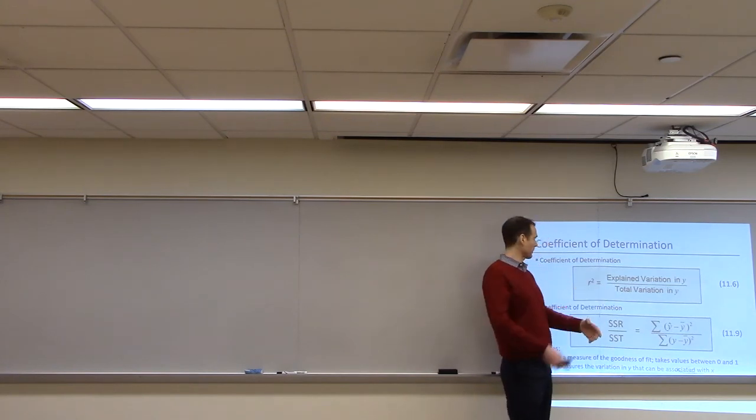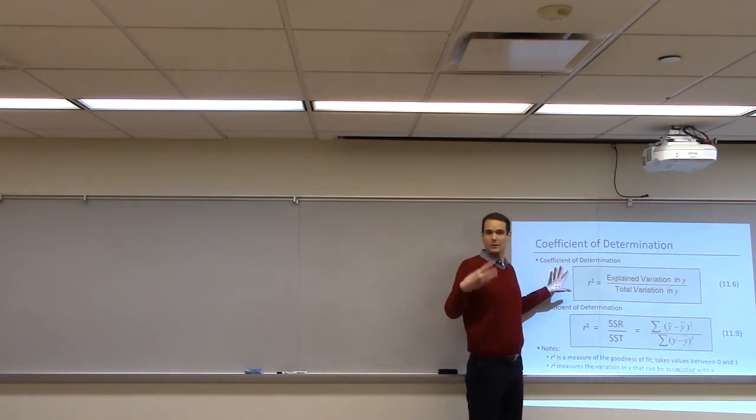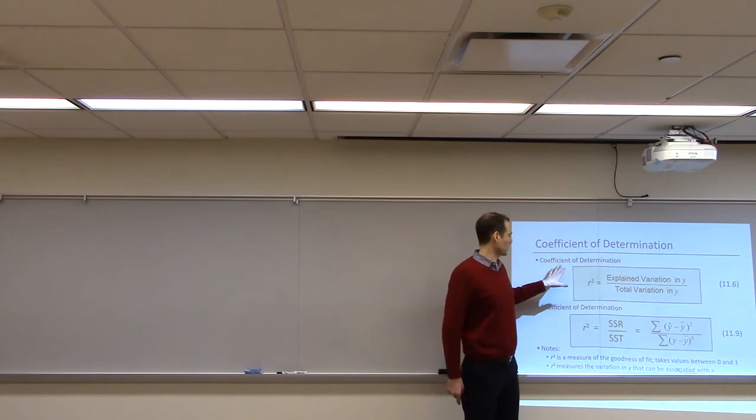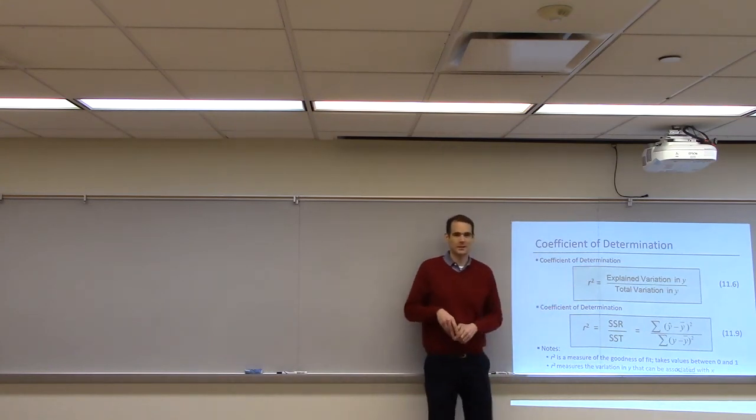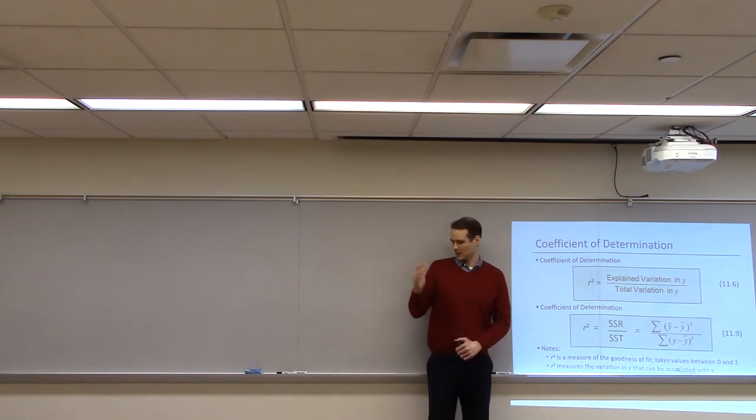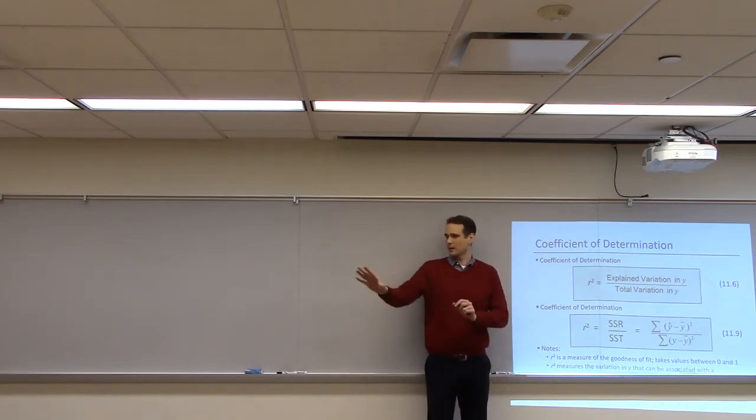So how would you sum up what the coefficient of determination is to somebody else in your own words? Explained variation over total variation. That's not wrong, that's perfectly fine. Somebody else? The amount of variation in y that is explained by x.